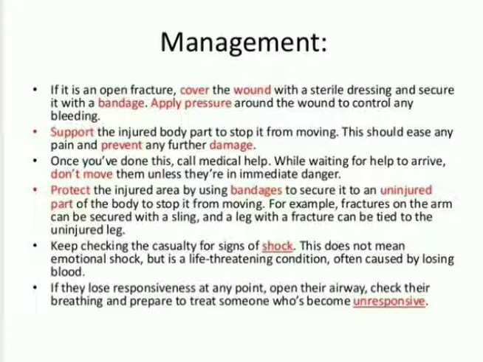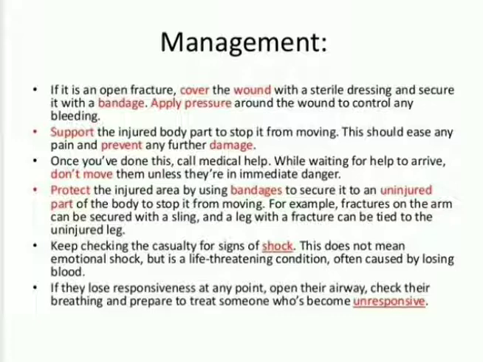After that, support the injured body part to stop it from moving. This should ease any pain and prevent any further damage.